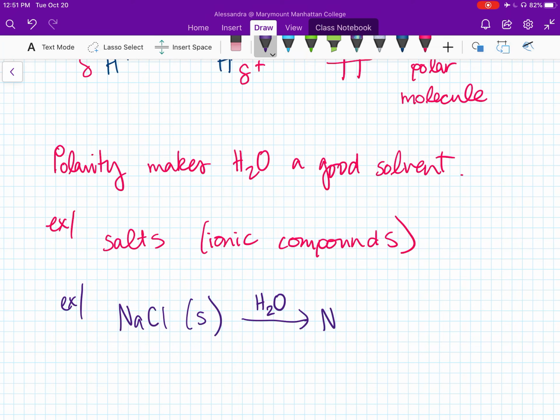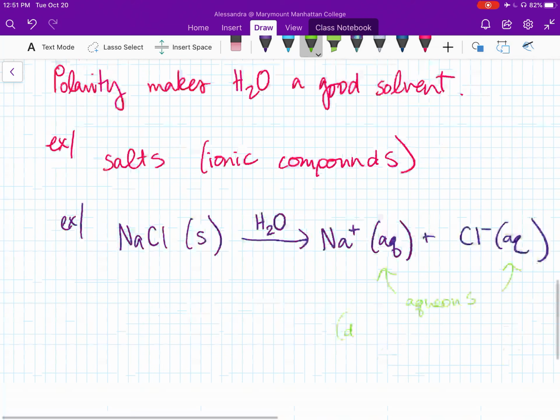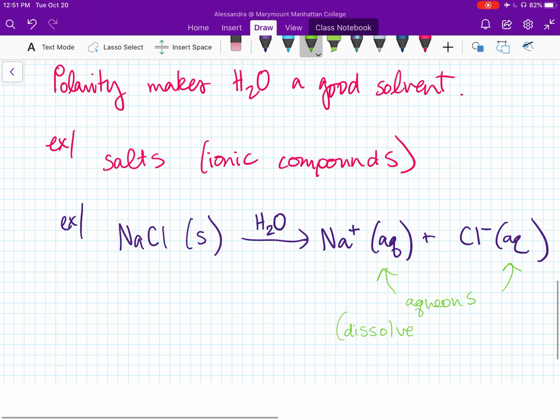Then that salt will break apart into its component ions, which will become dissolved in the water. These little aqueous labels mean that those ions are dissolved in water, separating it from the regular solid, liquid, and gas phases. So aqueous means dissolved in water.